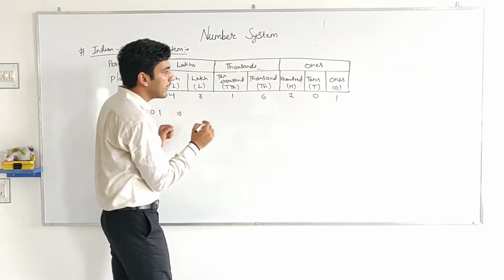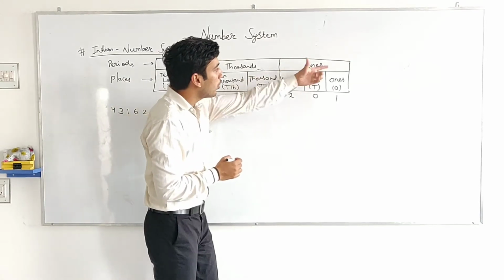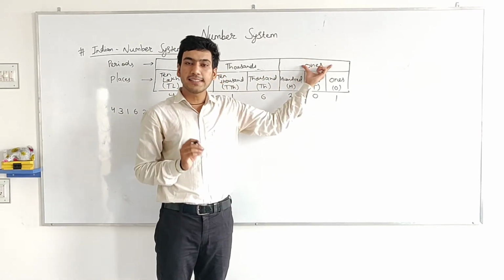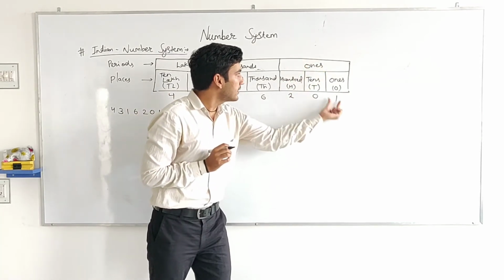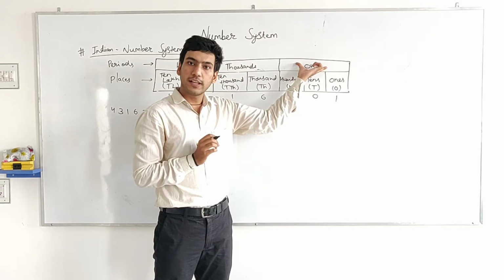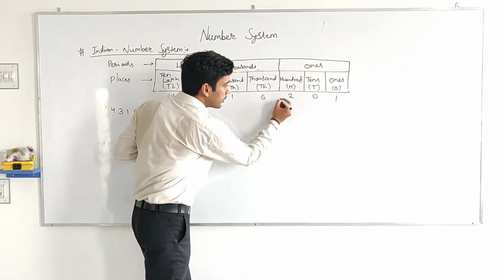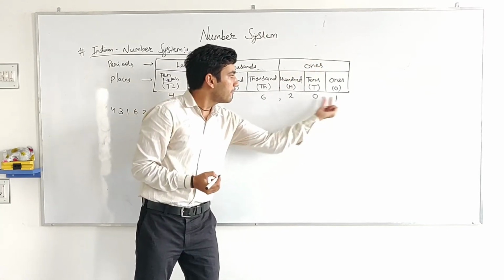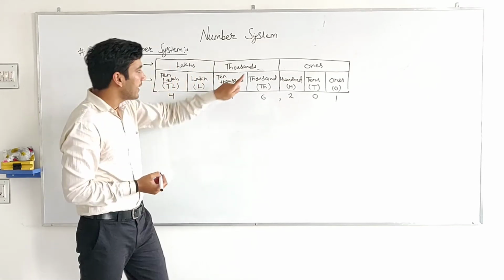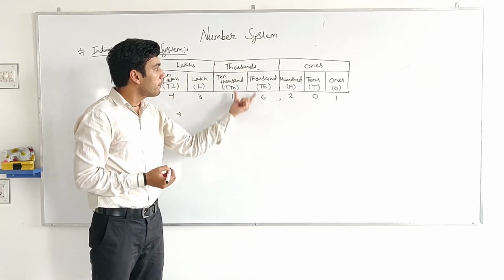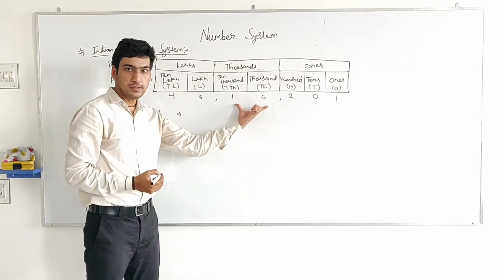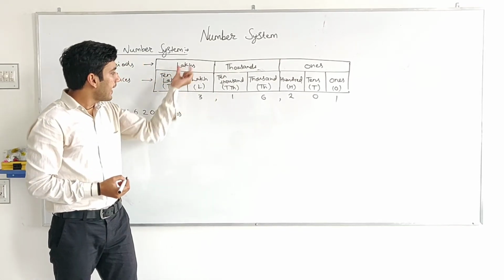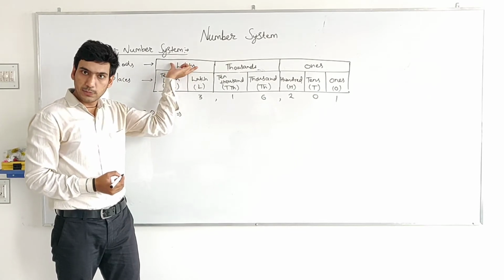Now I will put commas in this. So always remember, commas are put according to their periods. These 3 numbers are in the first period, or we can say ones period. So put a comma after these 3 numbers. Next, there are 2 numbers in thousands period, so put a comma after these 2 numbers, and the next 2 numbers are in lakhs period.